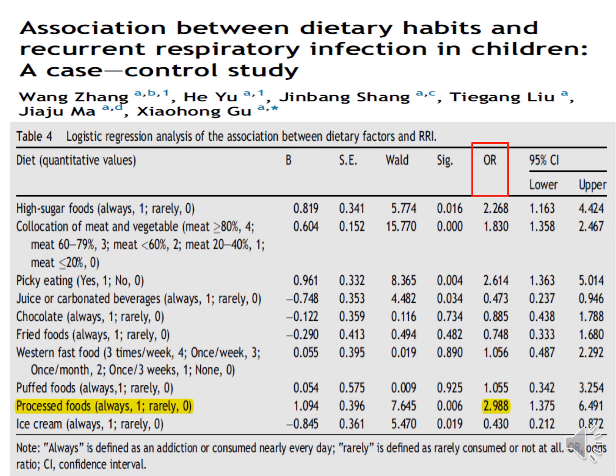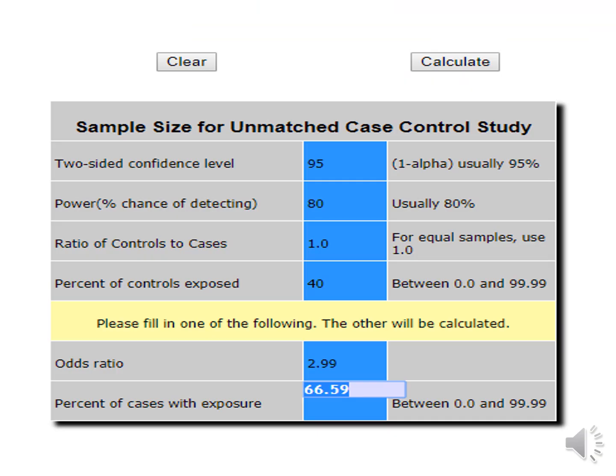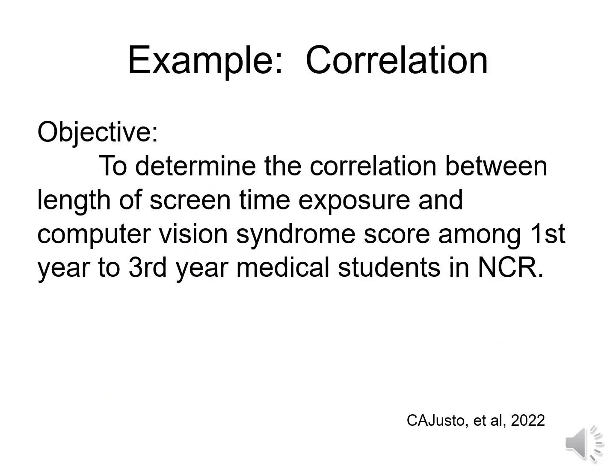This estimate will be used in the computation of the sample size. Using open source EpiInfo, go to Unmatched Case Control under sample size. By inputting the value of 2.99 under odds ratio and clicking calculate, you get a sample size of 56 to 62 per group.